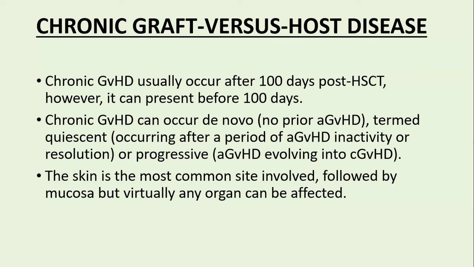It may occur de novo with no prior acute GVHD, or quiescent, occurring after a long period from AGVHD or after its inactivation or resolution, and progressive, in which AGVHD rapidly turns into chronic GVHD. Skin is the most common site involved, followed by mucosa, but virtually any organ can be affected.